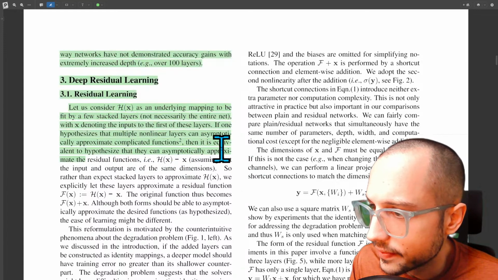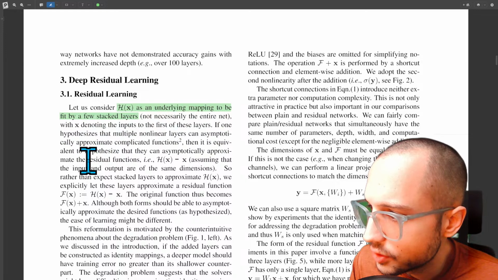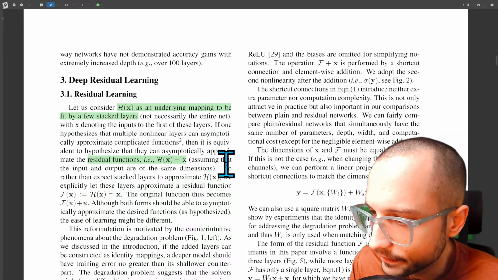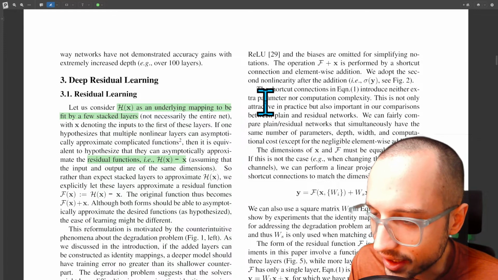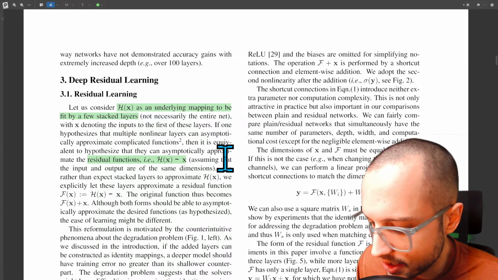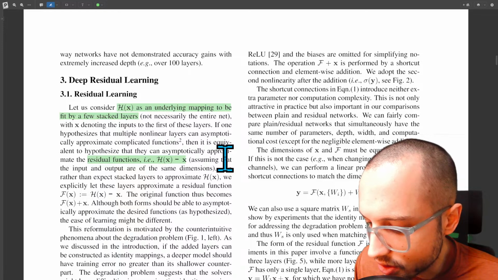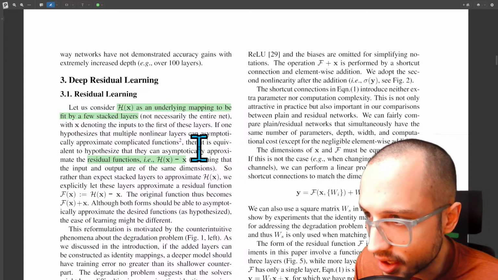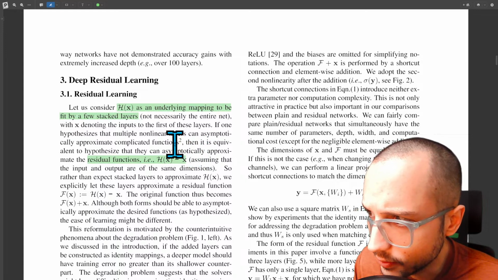Okay, so the wording here they're using is a little bit confusing because they're being very mathematically correct, right? At the end of the day, neural networks are a type of function approximation. They're like a technique for approximating a function, right?